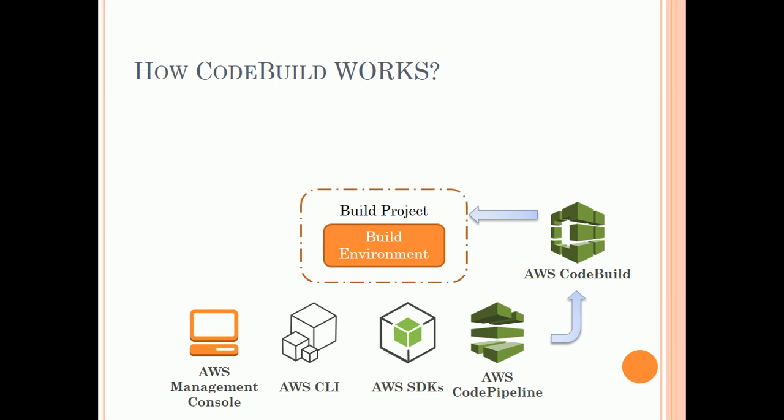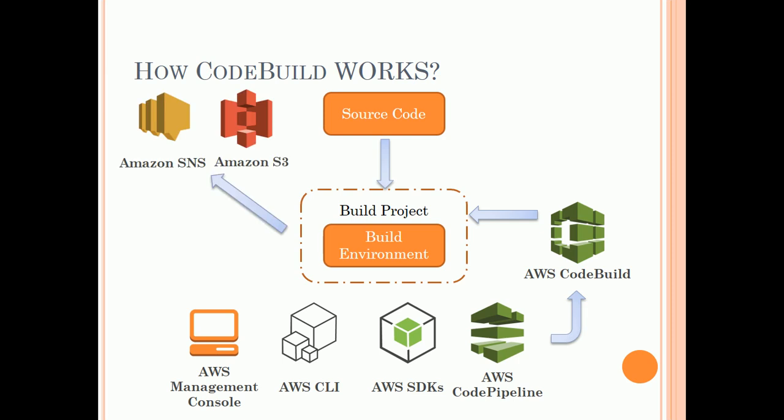AWS Code Build fetches the source code into the build environment and then uses the build specification to produce the output. A build specification, the file called build spec, is a collection of build commands and related settings in YAML format, which AWS Code Build requires to run the build.